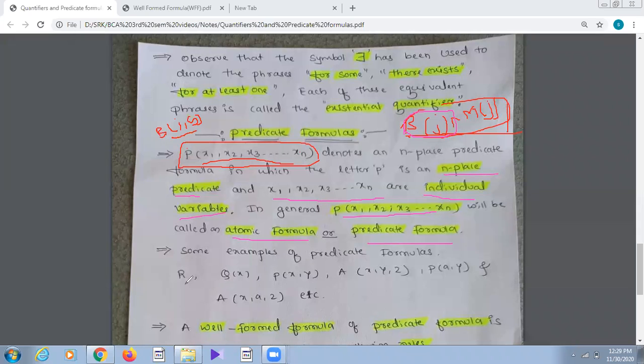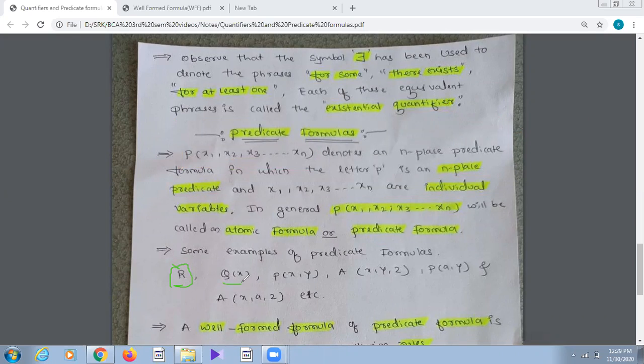See here an example. Here R only is given, this is a predicate symbol, and there is no individual name, so this is a zero place predicate. This is also one predicate formula.